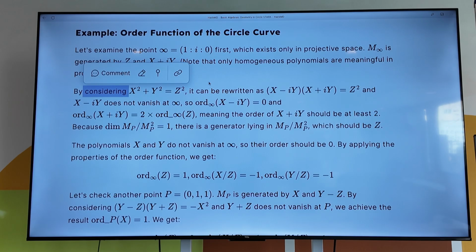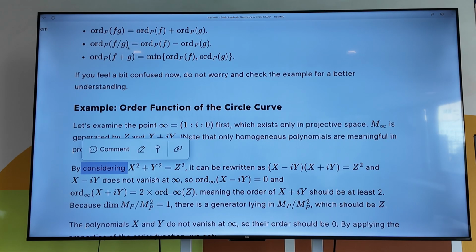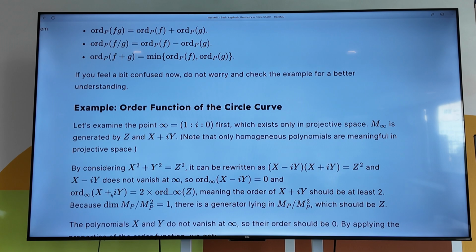We can check the properties again, and we know the order of x minus iy is 0, and we can find the order here. The order of x plus iy is double the order of z at infinity, so the order of x plus iy should be at least 2.